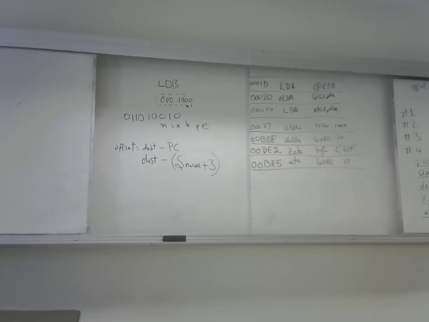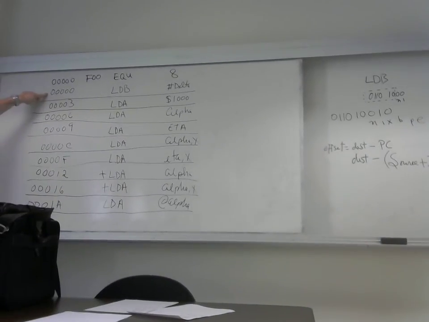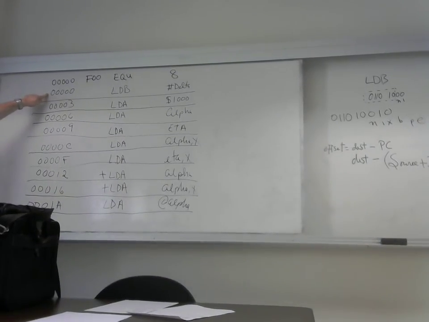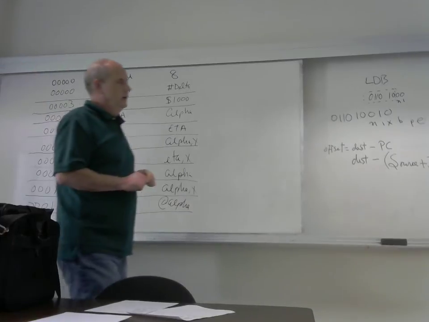So now we need to encode LDB, but the program counter's got 3. So the address of this instruction plus 3 will give us the program counter. You with me? The program counter moves. So we can use this address to encode it, but we've got to add 3 to it because the program counter will move. So where do we want to go?